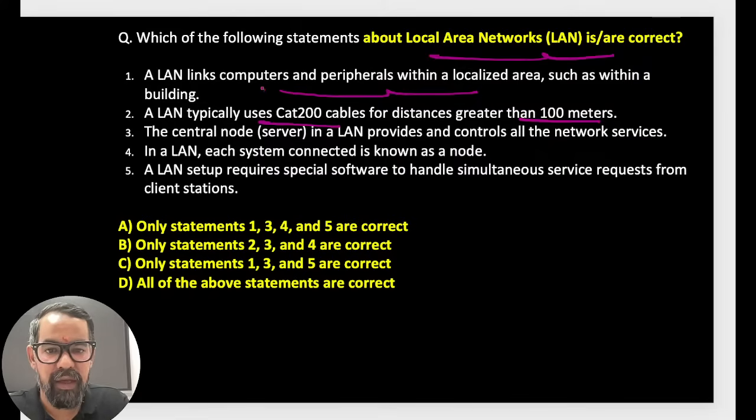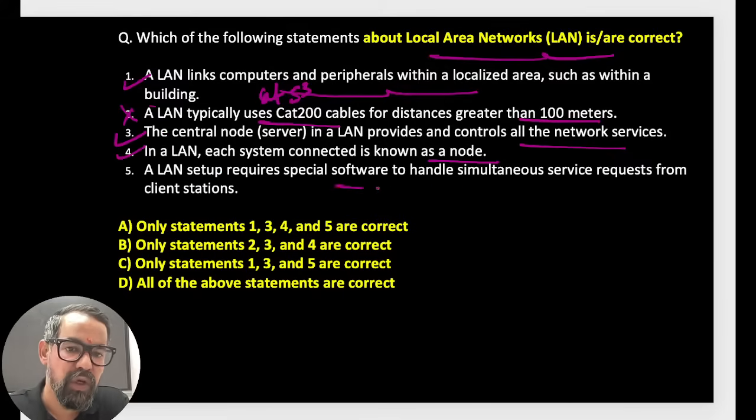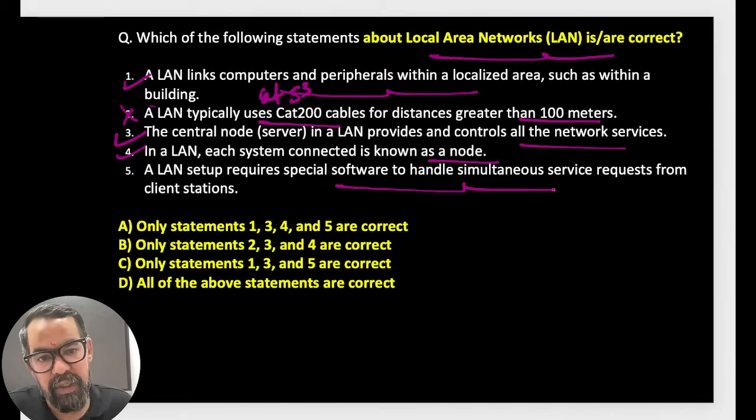It should be CAT 5e, right? With CAT 5e we use that yellow colored cable for the connection. So this should be wrong. Third statement, the central node, meaning the server, in a LAN provides and controls all the network services. This is also true. In a LAN, each connected system is known as a node. 100% true. A LAN setup requires special software to handle simultaneous service requests from the client stations. This is also true. So statements 1, 3, 4 and 5 are correct, which means option A should be the right answer for this question.